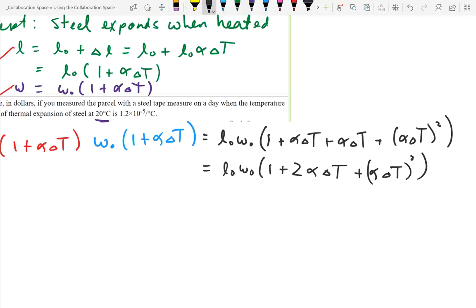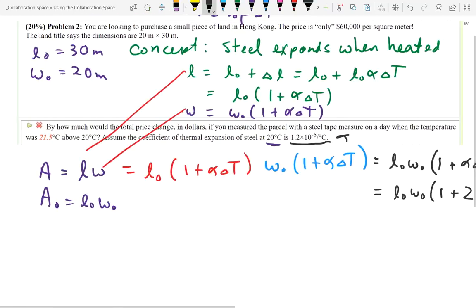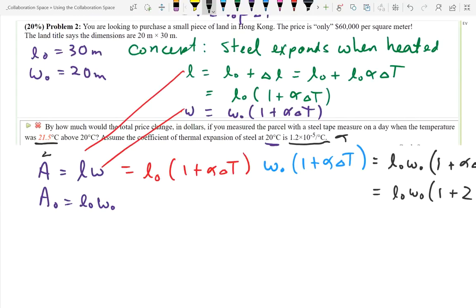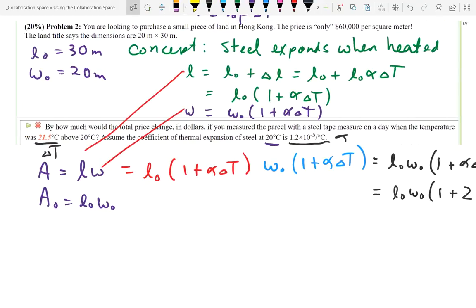Somebody with the calculator, let me just randomly choose somebody. Is that your calculator in your hand, Irving? Irving, go ahead and calculate what 2 alpha delta T is. Alpha is this value right here, and delta T is, for me, this value right here. So 2 times 1.2 times 10 to the minus 5th times 21.5.